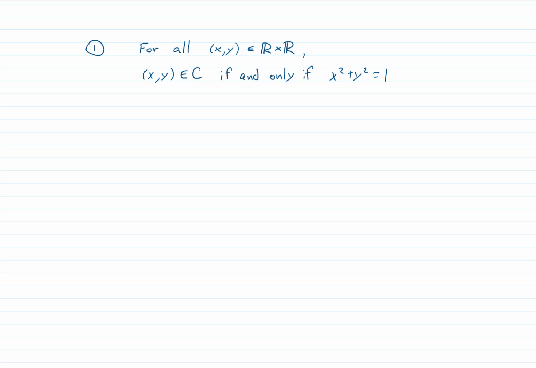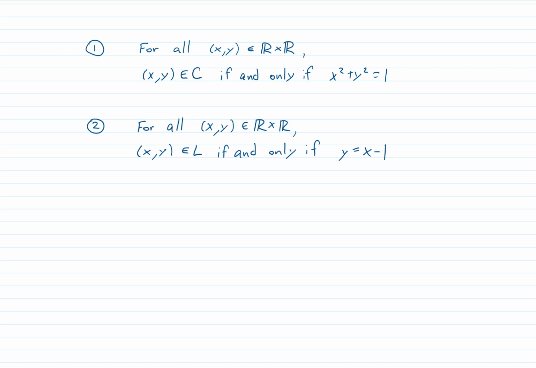Okay, now I'm going to write down a second relation here, and I'm going to call this one L. For all x and y in R cross R, xy is part of this relation L if and only if y equals x minus 1.